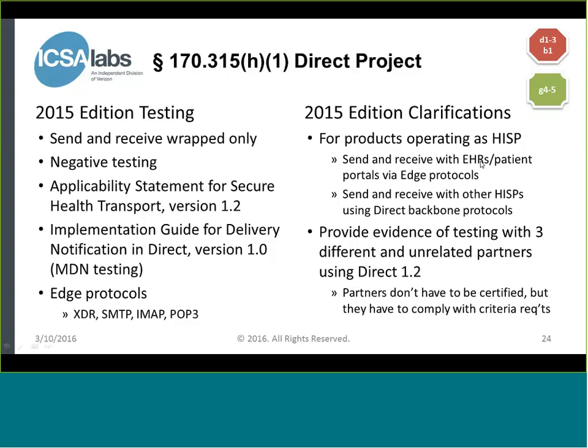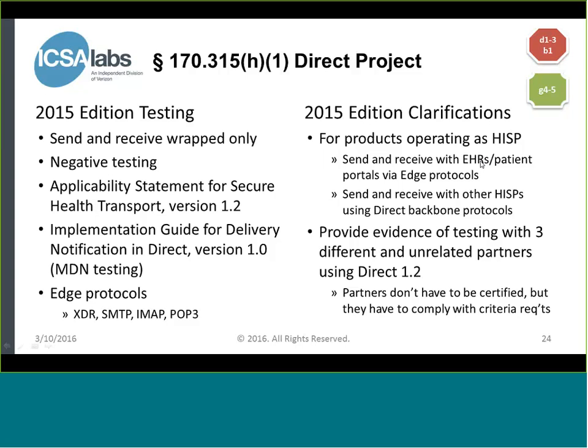Some of the changes from 2014 R2 involved sending direct messages. It used to be possible to send and receive unwrapped, and if you wanted, you could optionally test wrapped as well. Wrapped only is required, unwrapped is no longer permitted for certification. They've added in a lot of negative testing that didn't previously exist.